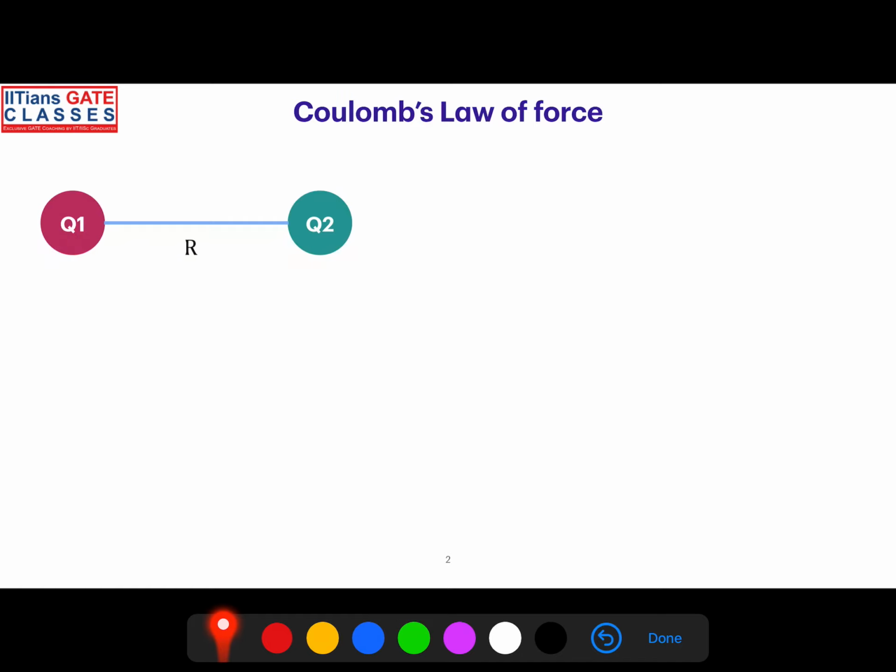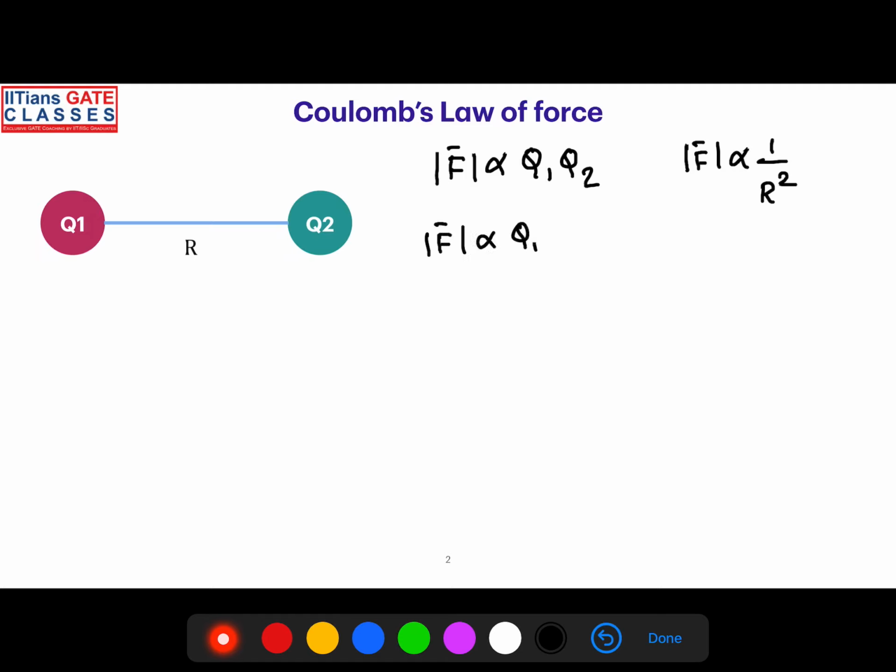When it comes to the magnitude part, the definition says the magnitude of the force is directly proportional to the product of the charges, and it is inversely proportional to the square of the distance between the charges. Combining, the force is proportional to q1 q2 by r square.